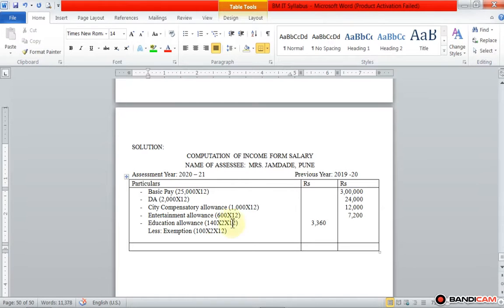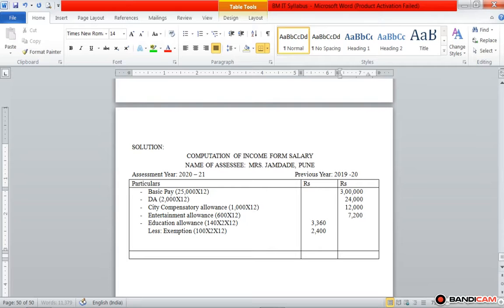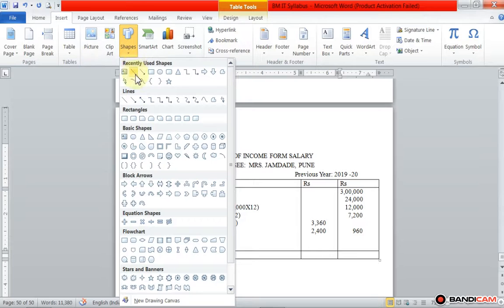So 100 multiplied by 2 multiplied by 12, we get 2400. 2400 is the exempted education allowance, and the remaining balance is taxable, that is 960 taxable allowance. Got it?